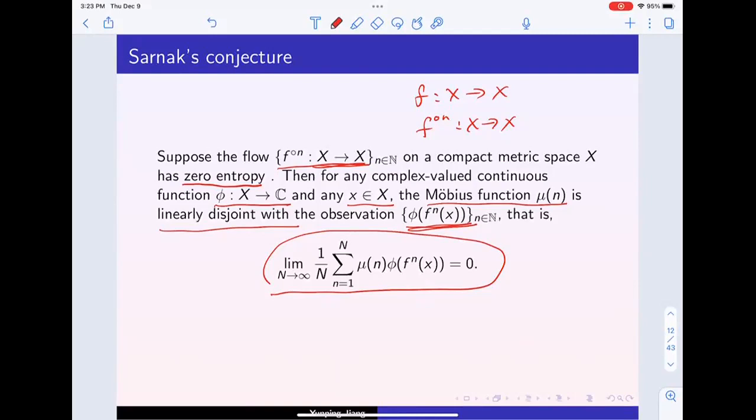Isn't there some assumption missing here? The phi function, don't you have to have some requirement on it? Yeah, I said I want it to be continuous. Actually, piecewise continuous. I really do not want to specify piecewise continuous.